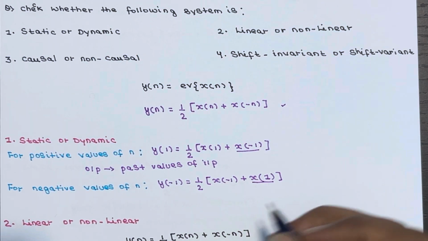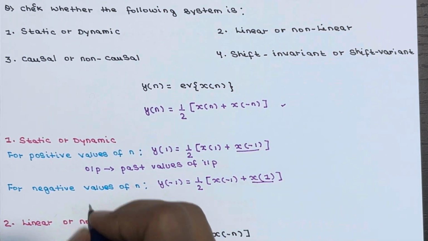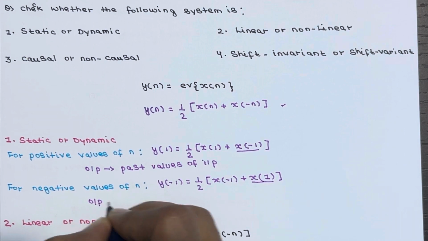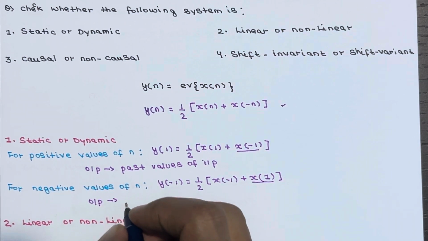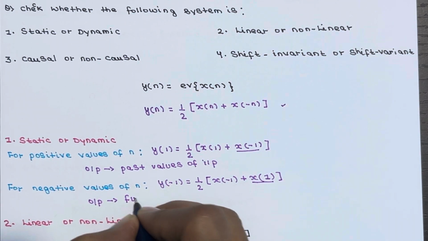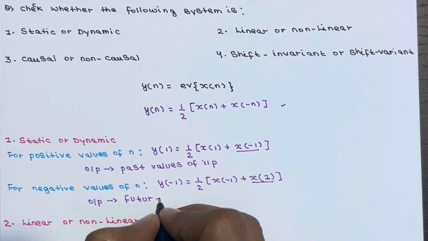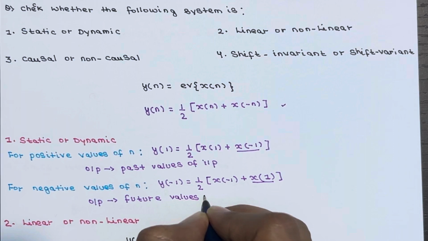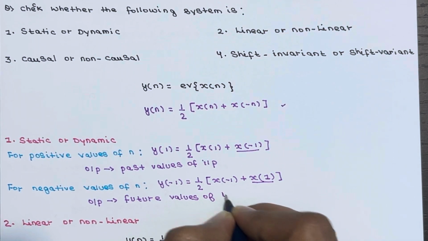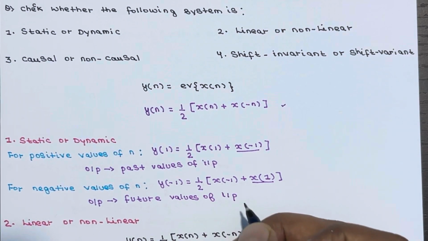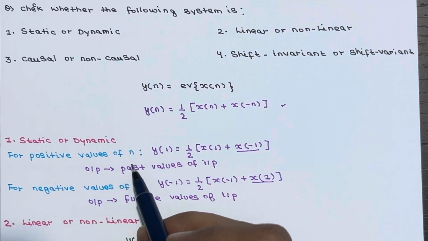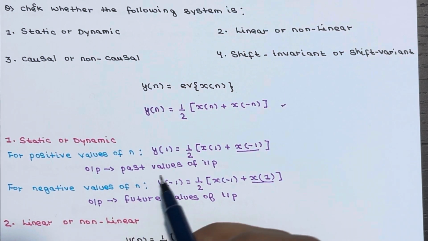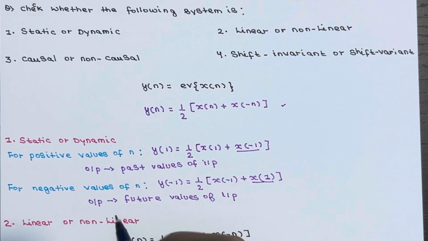So we can say for negative values of n, the output depends on future values of input. We have covered both cases: in the positive case, the output depends upon past values of input, and in this case, the output depends upon future values of input.